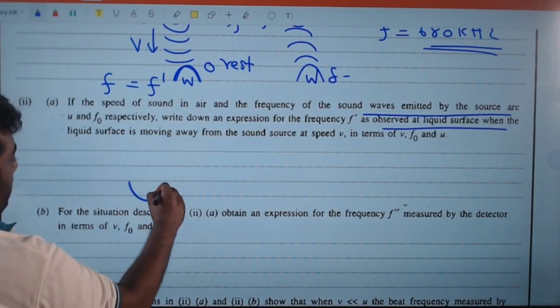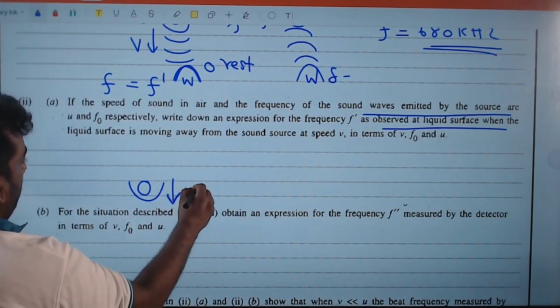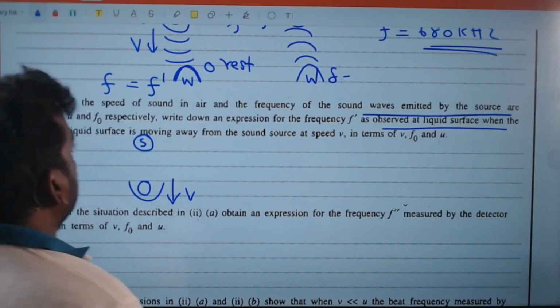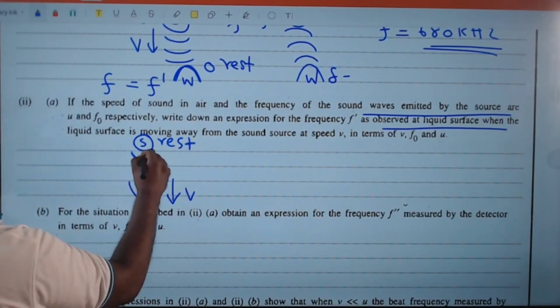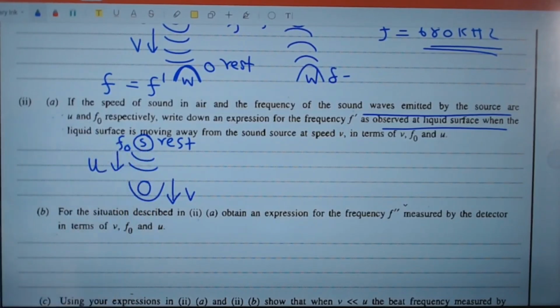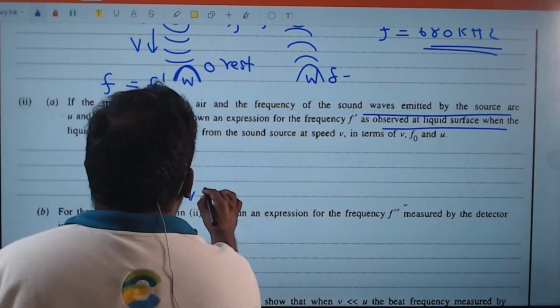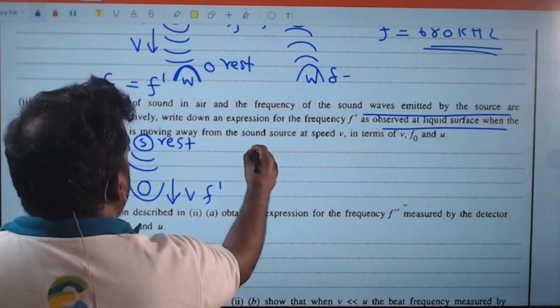The observer is going away with a velocity v. The source is at rest. Sound waves are traveling with a velocity u, frequency f naught. They are asking you the frequency f dash observed at the liquid surface.